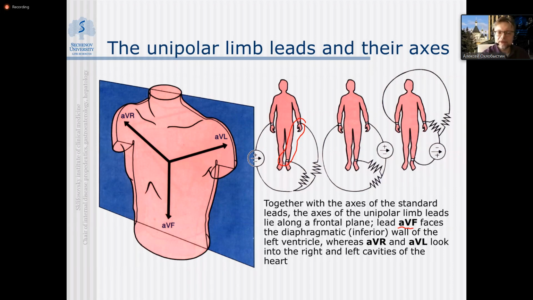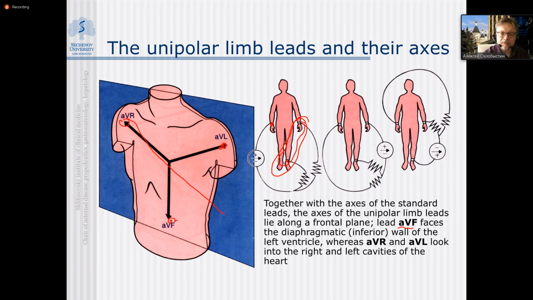So if the active lead is, for instance, at the right arm, right hand, we can merge the potential of the left hand and the foot, and we may compare the electrical driving force, the change in potential difference, the current, between this certain active electrode and the merged reference electrode. And that will give us another direction of the axis of the lead. It will go from in between left hand and the foot towards right hand.